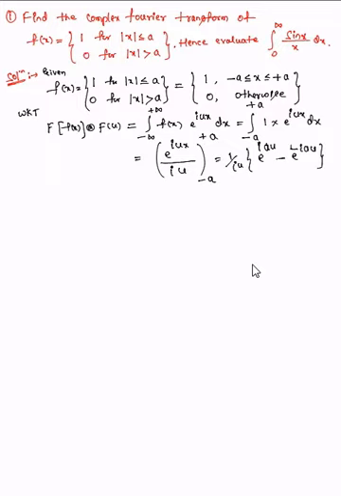Now further, this is equal to 1 divided by iu into e power i au minus e power minus i au. This term I already mentioned in the last class; there is a formula I have given for this. e power i theta minus e power minus i theta is nothing but 2i sine theta.